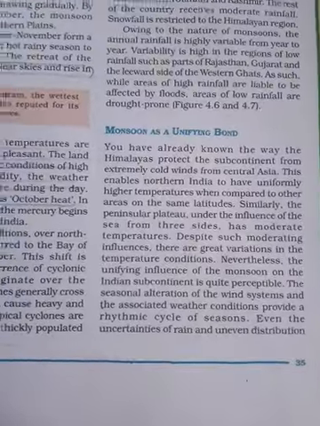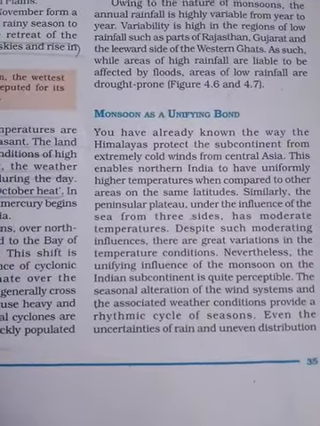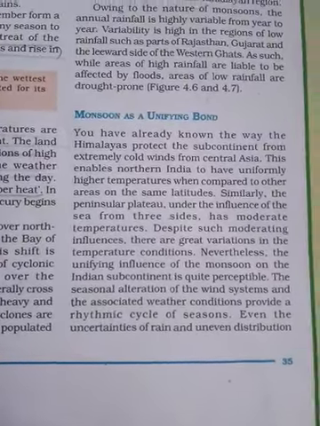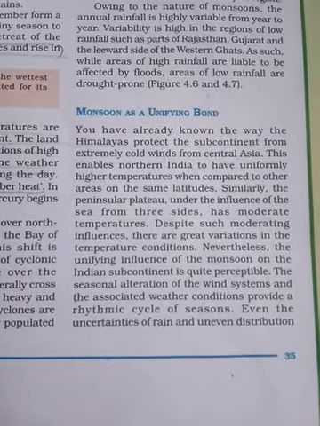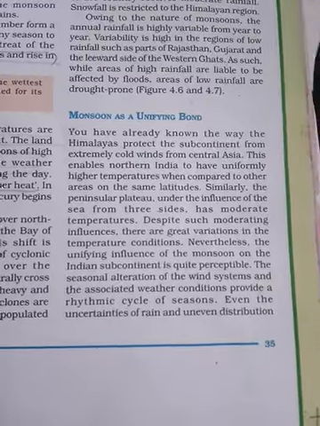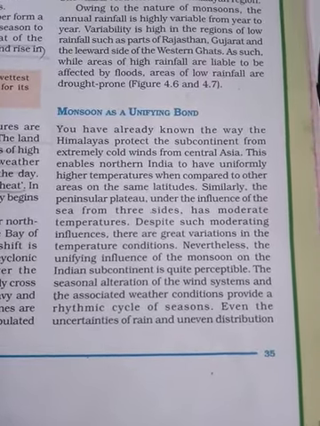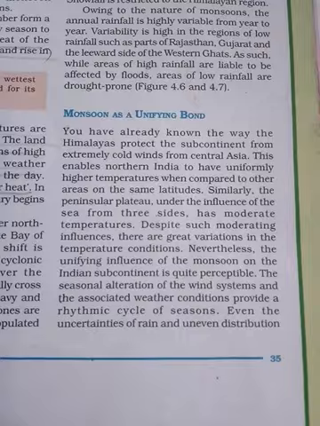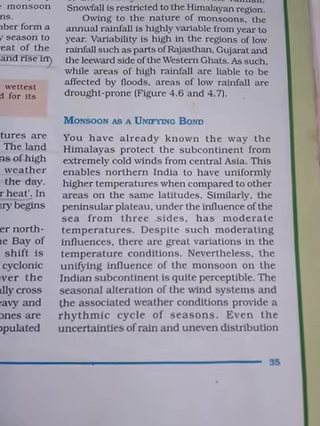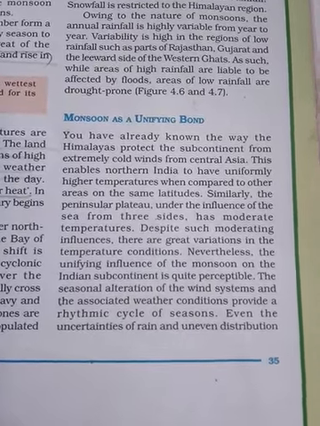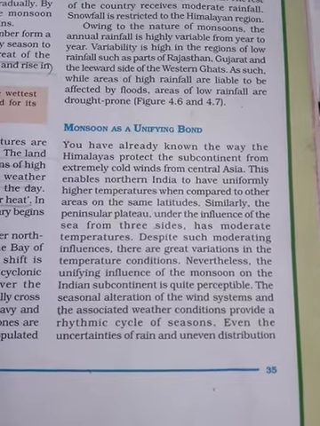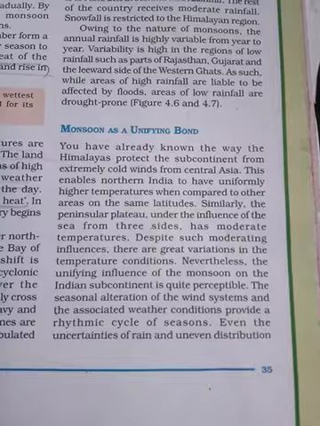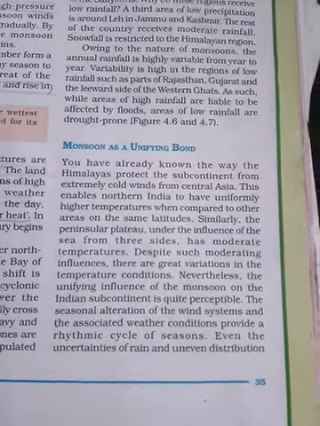Next is the monsoon as a unifying bond. You may already know that the Himalayas protect the subcontinent from extreme cold winds from Central Asia. That wind is blocked by the Himalayas, which is one advantage.